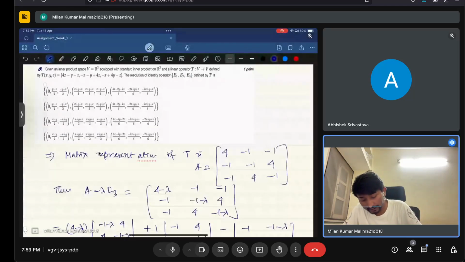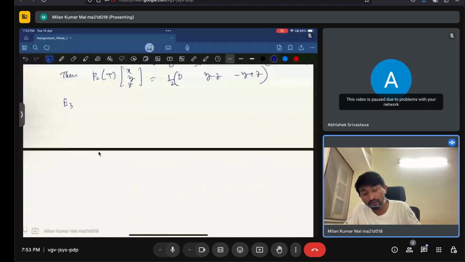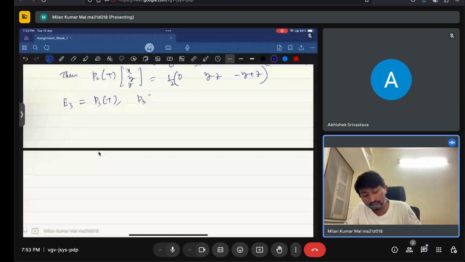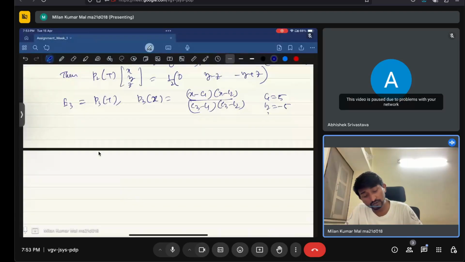Then E3 is equal to P3T, where P3 of x is equal to (x minus c1) into (x minus c2) by (c3 minus c1) into (c3 minus c2). Recall that c1 is equal to 5, c2 is equal to minus 5, and c3 is equal to 2.